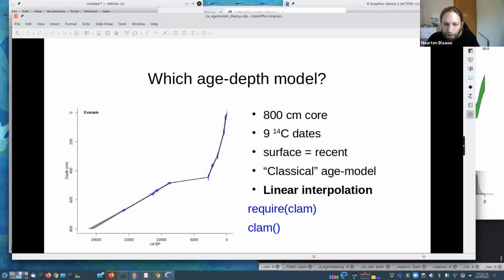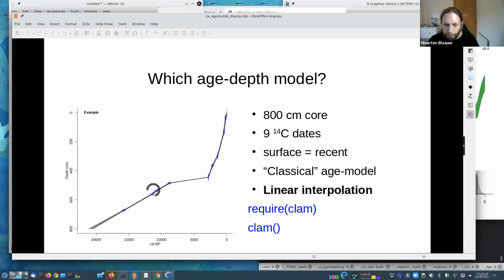I don't know what you think of this model, but it's actually quite strange and difficult to defend, because it assumes that our accumulation rates were exactly constant between dated levels and changed exactly at the point where our material was dated. So we were extremely lucky that we dated exactly where we found this change in accumulation rate, but that's actually part of the model.